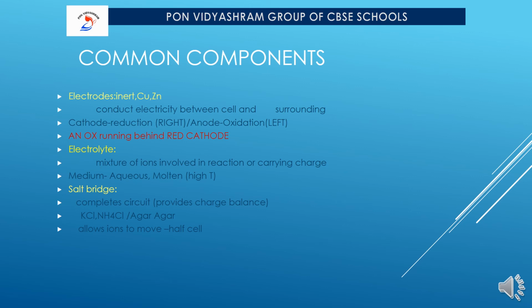It is a junction that connects the anodic and cathodic compartments in a cell. Here, the salt bridge will be like a U tube, where potassium chloride or ammonium chloride will be used along with agar-agar as a medium, which allows ions to move in a half cell.